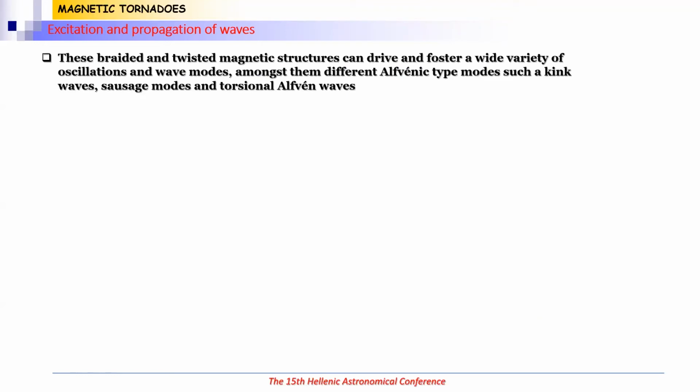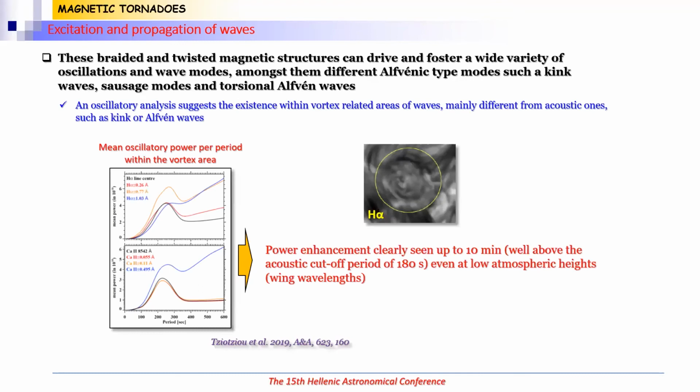We have a braided and twisted magnetic structure, and such structures can drive and foster a wide variety of oscillations and wave modes, and amongst them quite a lot of different Alfvénic type modes: kink waves, sausage modes, and torsional Alfvén waves. Two years ago we made an oscillatory analysis in the vortex flow that I showed you before.